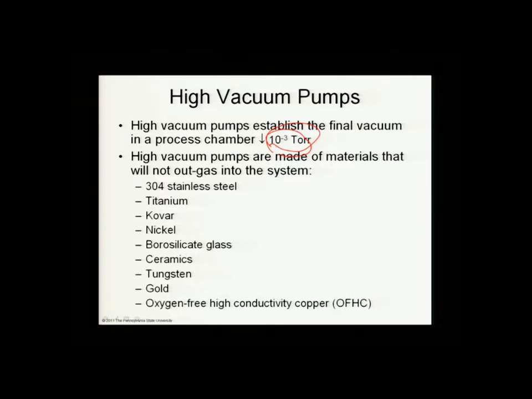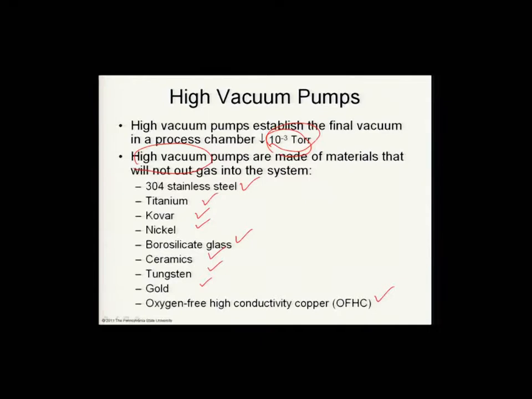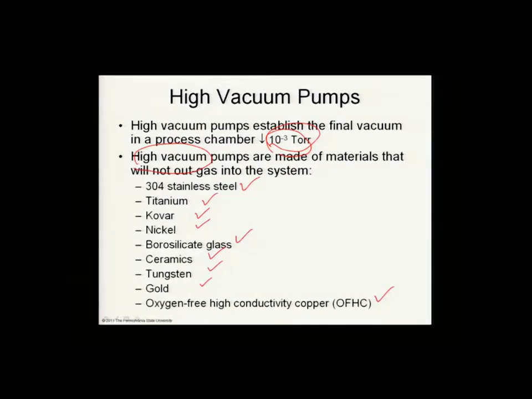So often you'll see the use of stainless steel, titanium, Kovar, nickel, borosilicate glasses, ceramics, tungsten, gold, and oxygen-free, high conductivity copper. These are some of the materials that are used to make these high vacuum pumps. So you have to really think about what you're using to make the pump itself so that it is not a source of problems.